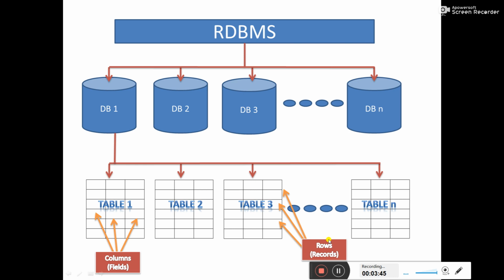As it is an RDBMS, that means it is a relational database management system. So in one database, you can store multiple tables which are related to each other. The records of these tables are related to each other. For this, you are supposed to create the relationship between these two tables.